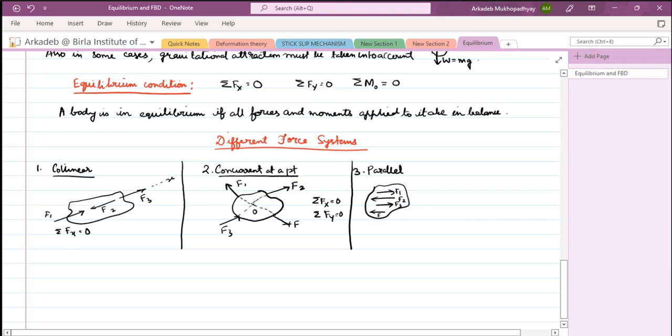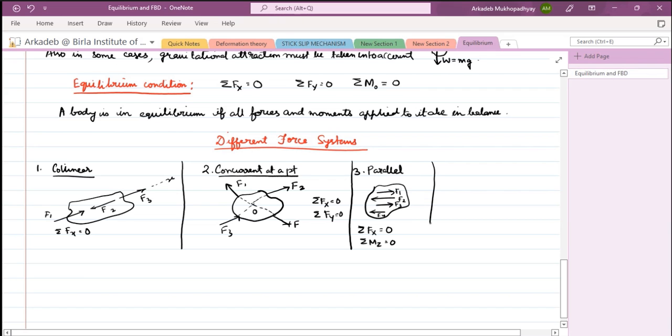Say you have F4. Then in such a case, summation of all forces along X direction equal to 0, and moment in Z direction. Z means perpendicular to the paper. That should be equal to 0.